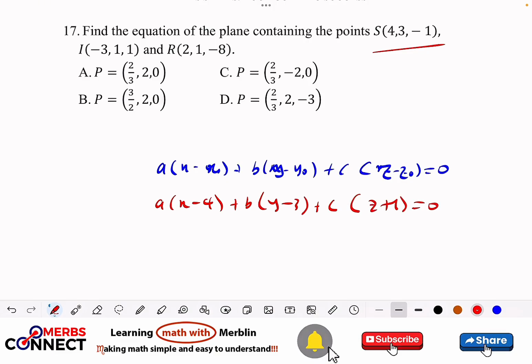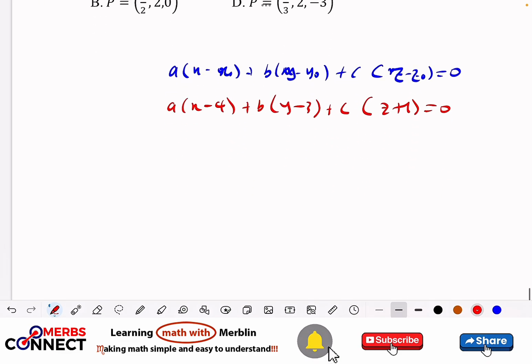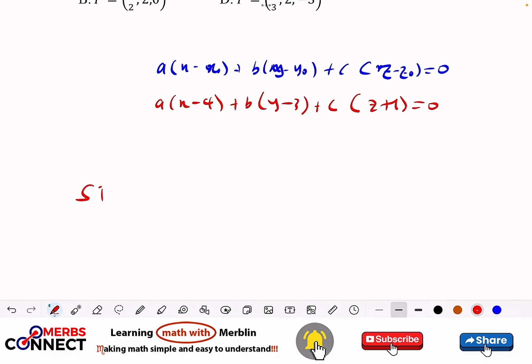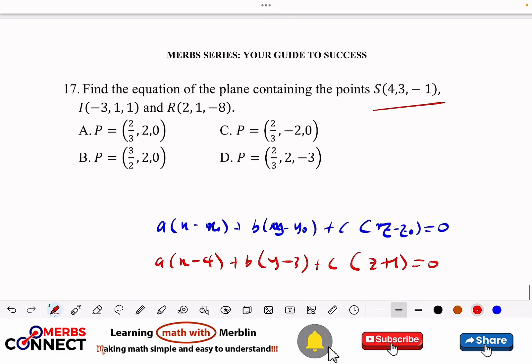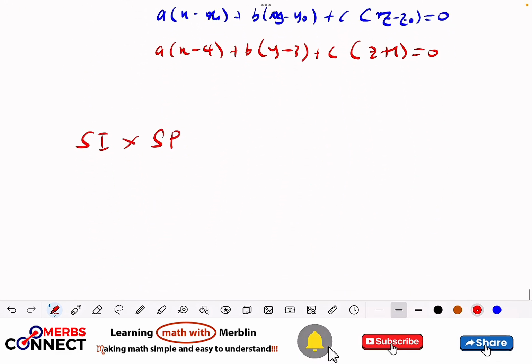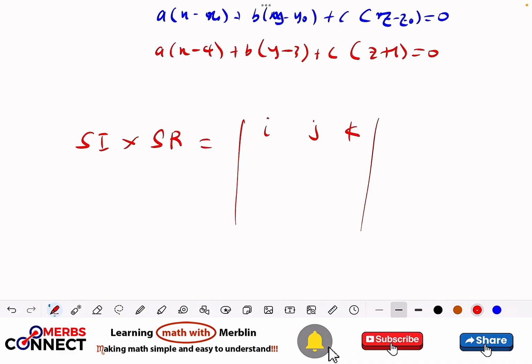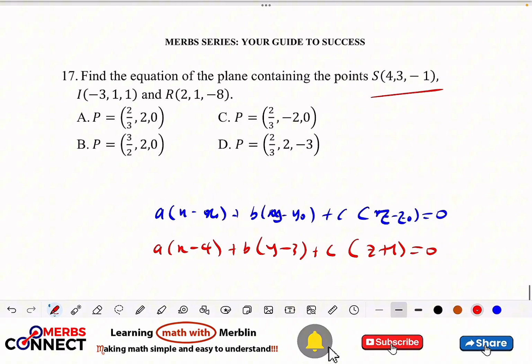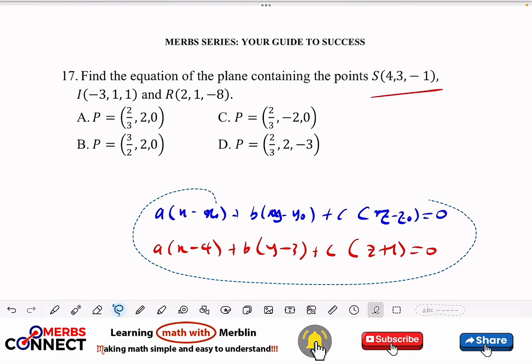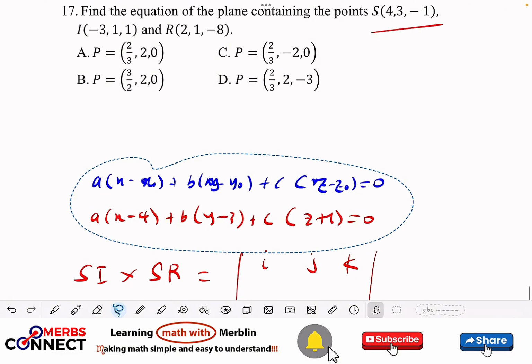So we need a, b, c. A, b, c is the normal vector, i, j, k. To get the normal vector, we need SI cross SR.